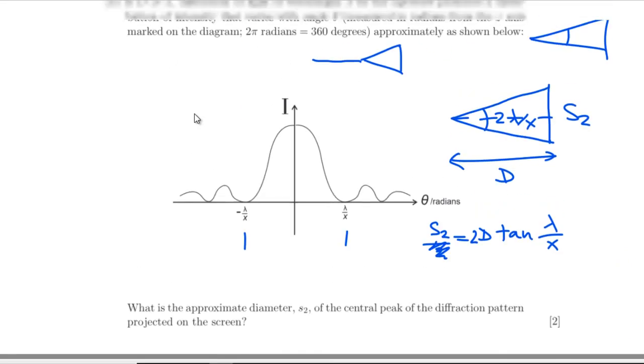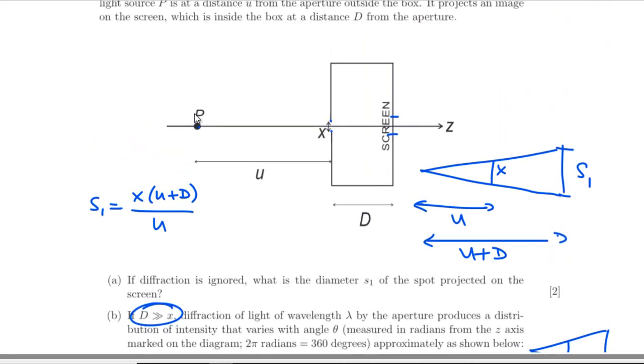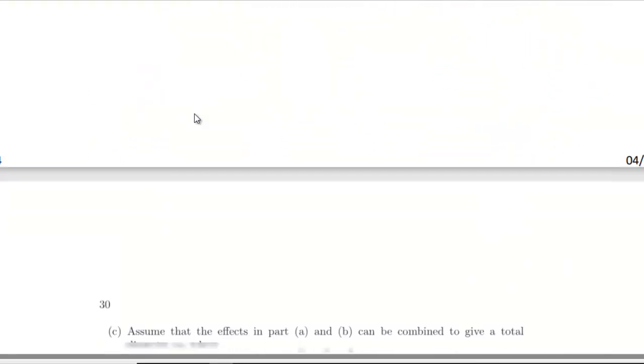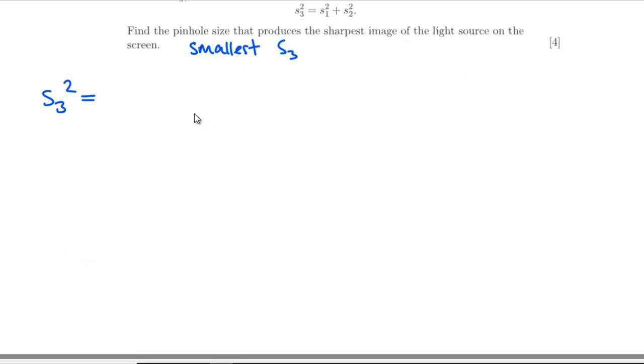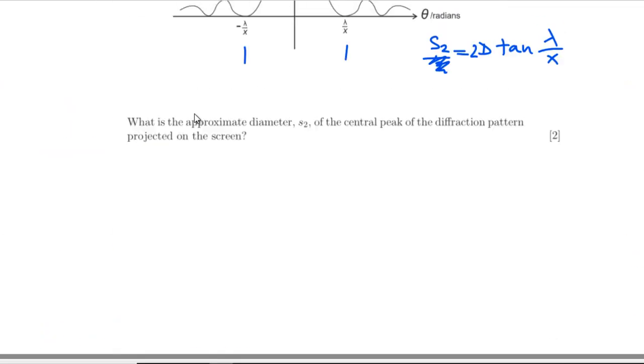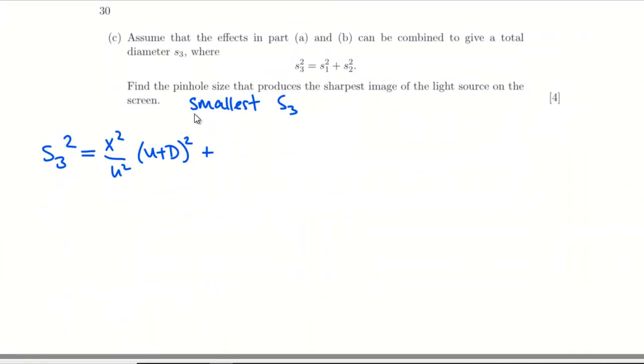What was S1 squared? S1 was X times (U plus D) over U. So X squared over U squared times (U plus D) squared. And S2 was 2D tan lambda over X. So 4D squared tan squared lambda over X.